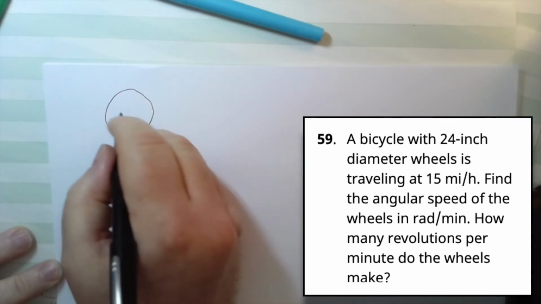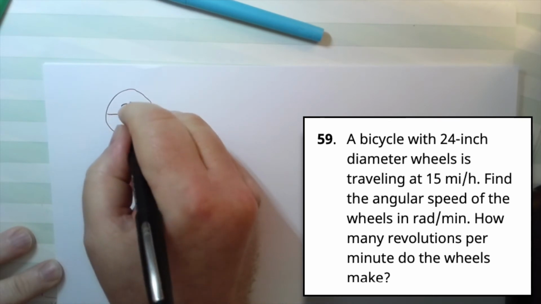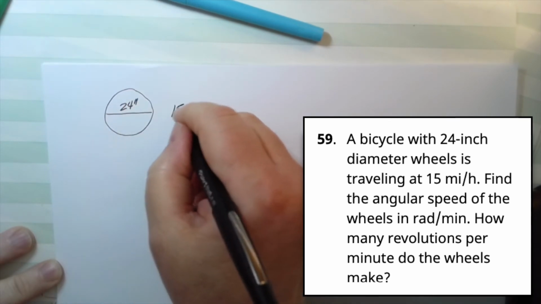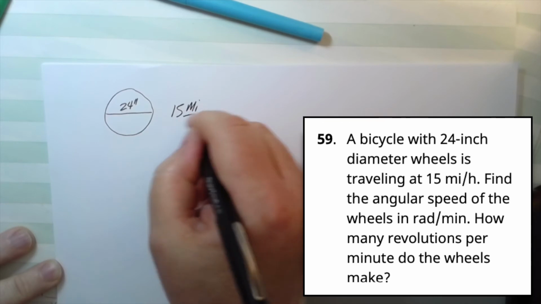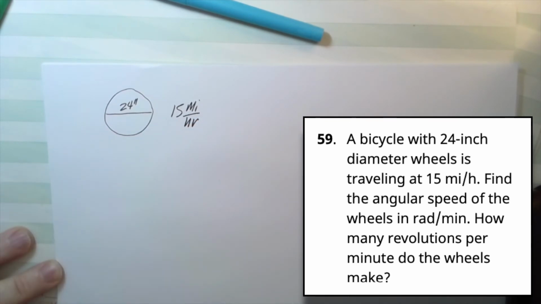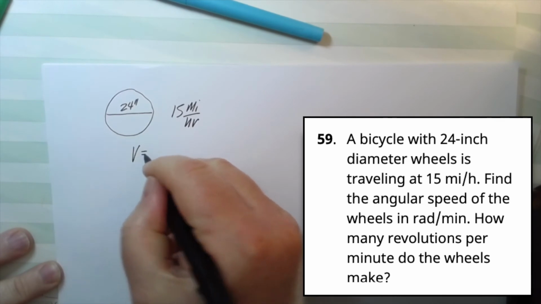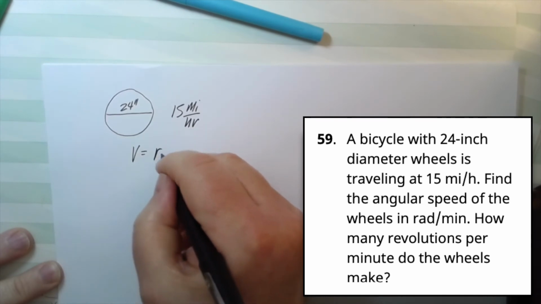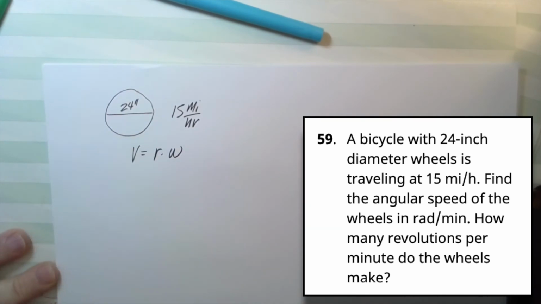A bicycle with 24-inch diameter wheels is traveling 15 miles per hour. Alright, so we have a wheel, 24 inches, traveling 15 miles per hour. Find the angular speed. Well, we know that linear speed is equal to the radius times angular speed of the wheels at radians per minute.